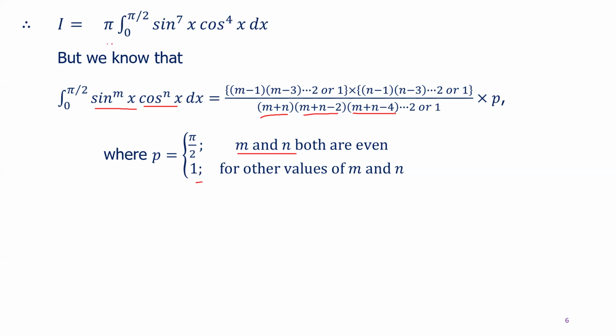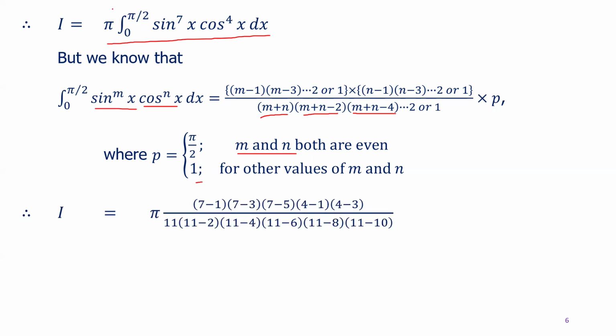If we apply this formula in this integration, we will get first pi. In place of m, it is 7: 7 minus 1, 7 minus 3, 7 minus 5. First part, this one.